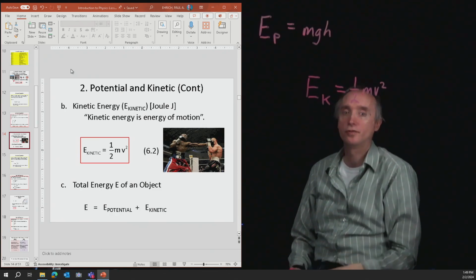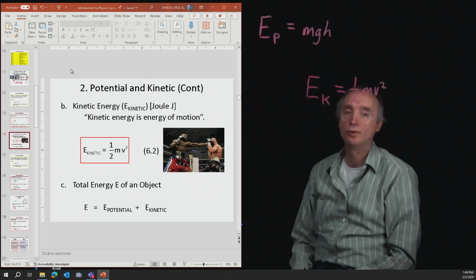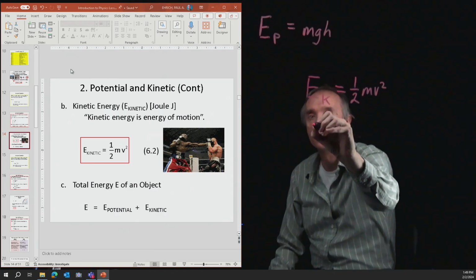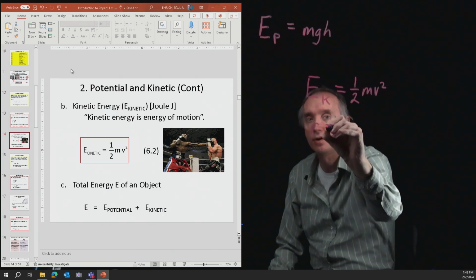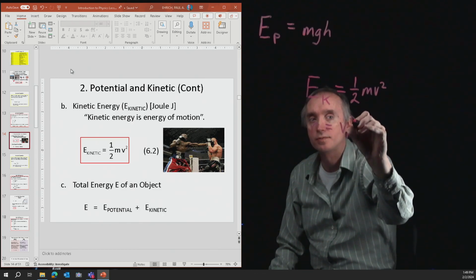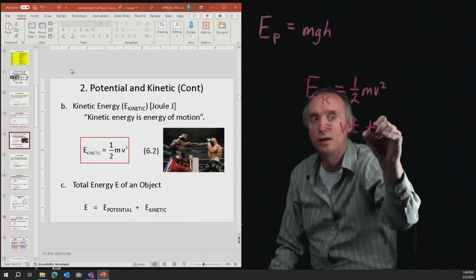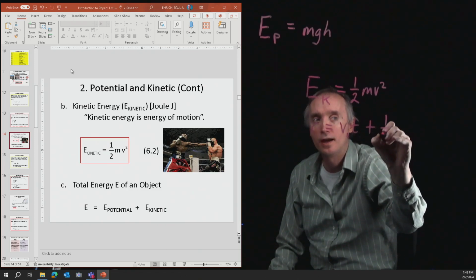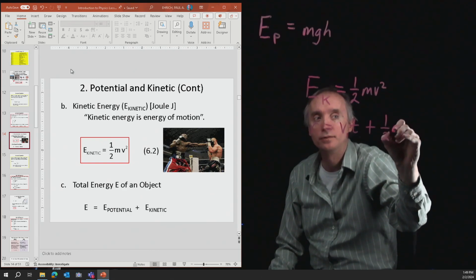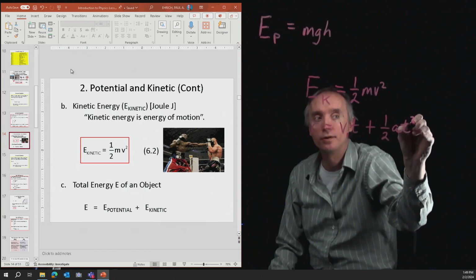That also should look familiar, because do you remember when we talked about the how far equation? The how far equation was the one that said that the distance r is equal to your initial speed times time plus 1/2 a t squared.